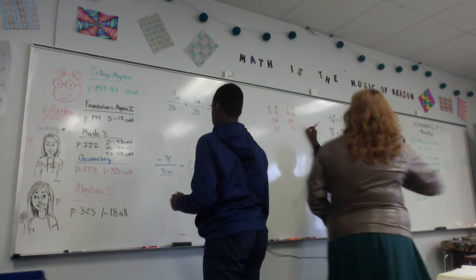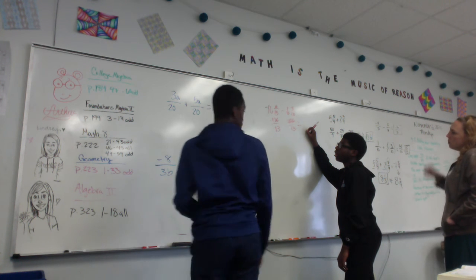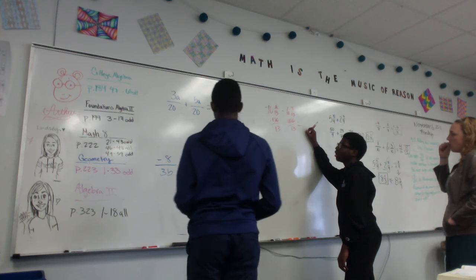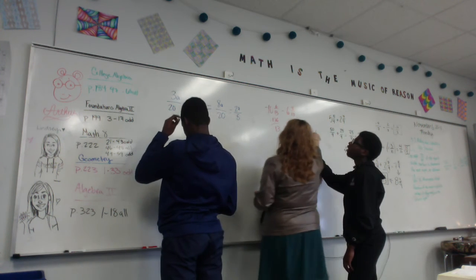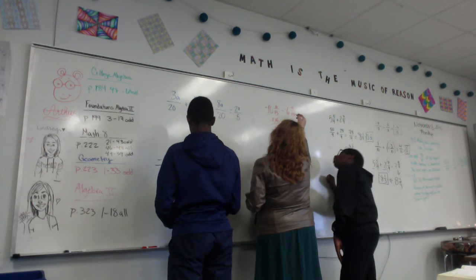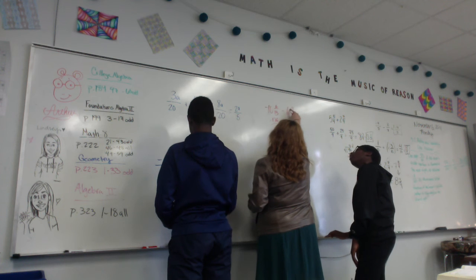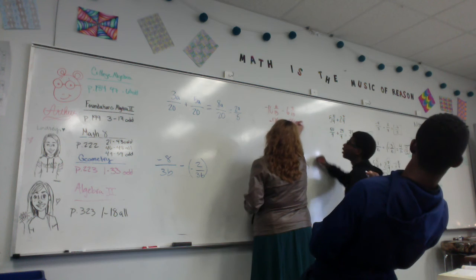Yes, that's correct. And then you have negative 6 times 13 plus 8, right? What did you say 6 times 13 was? 78. 78 plus 8, okay, 86. Now you have negative 136 minus 86.